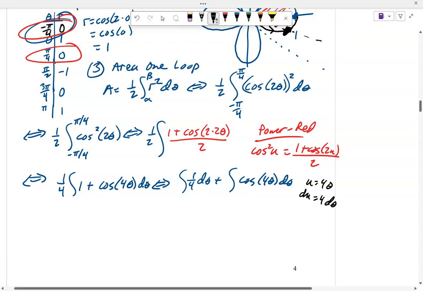And use u substitution. Oops, and I should have had a 1/4 here already. Make a note of that. I already have this 1/4. Remember, the 1/4 goes to both of those. I already had that already.